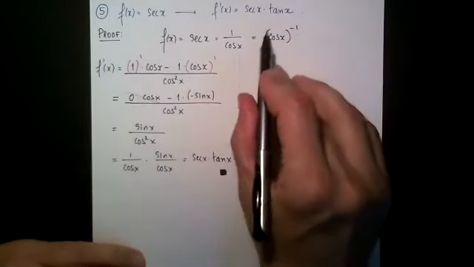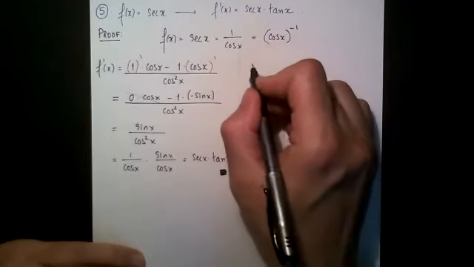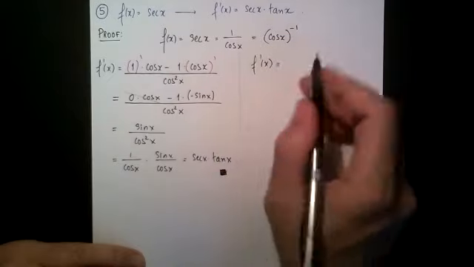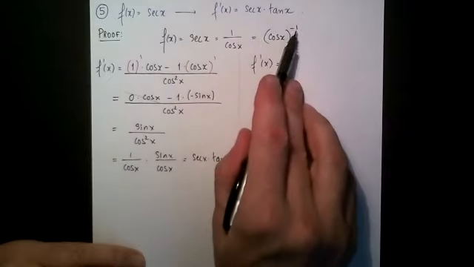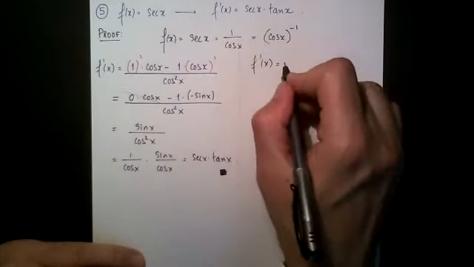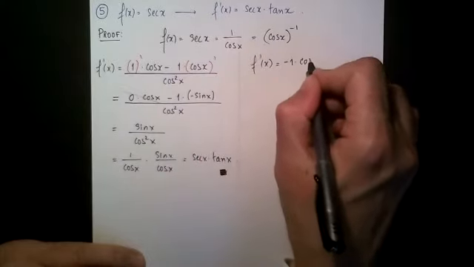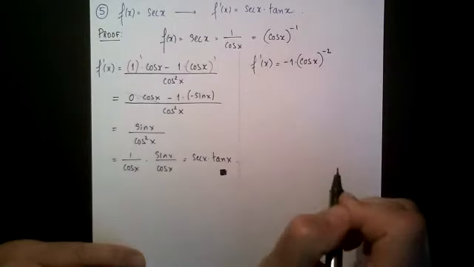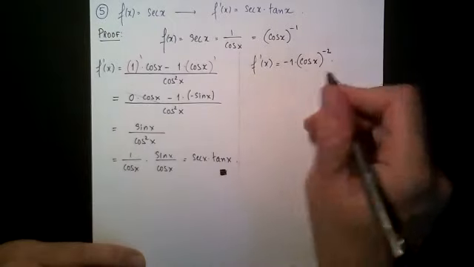And now here using the chain rule. So I'm going to use this now. How do we derive to the power of minus 1? So I'm going to put the minus 1 in front. Minus 2 times the derivative of the inside.